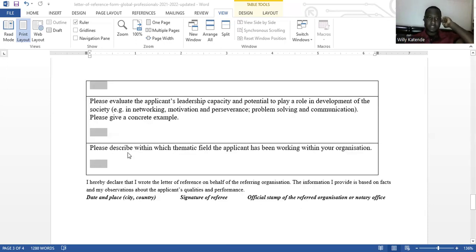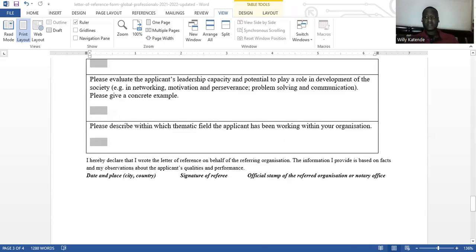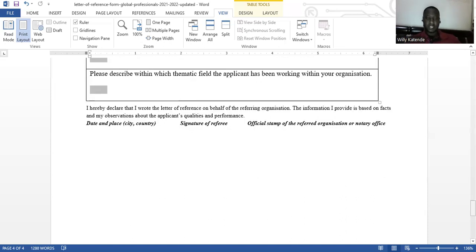Then the last one, please describe within which thematic field the applicant has been working within the organization. Yeah, thematic field. I want to know the field that you have been working within your organization. So that is it for the referee. So then they have to put the date and place, city and the country, and then you have to put the signature of the referee and the official stamp of the referred organization or notary office.